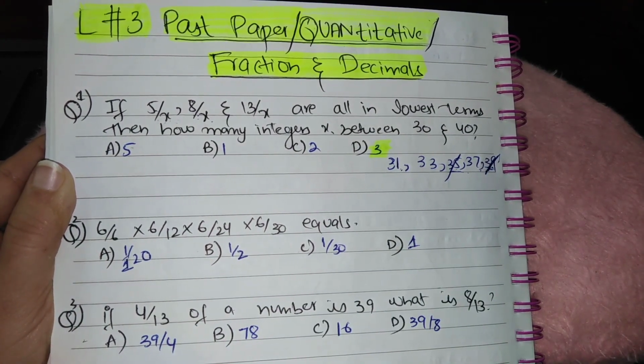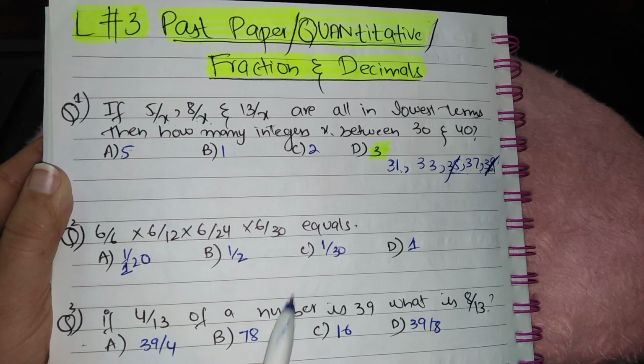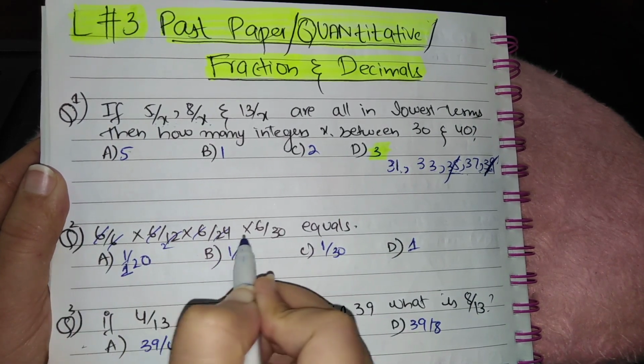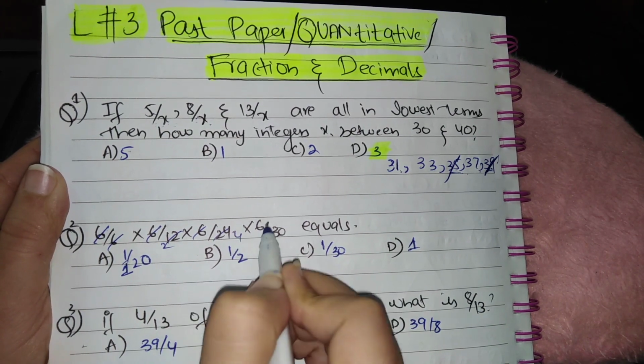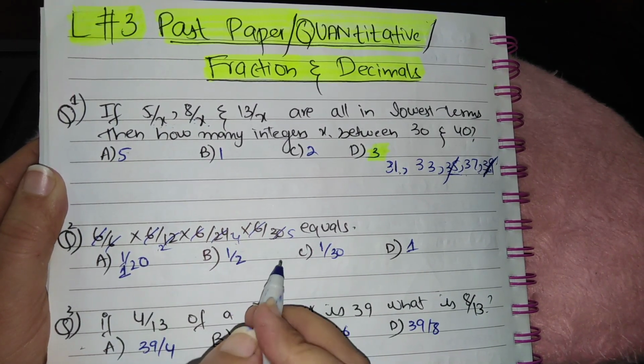Next question is 6 by 6 into 6 by 12, 6 by 24 into 6 by 30 equals? Just cancel these terms. The remaining are 1 by 2, 1 by 4 and 1 by 5.